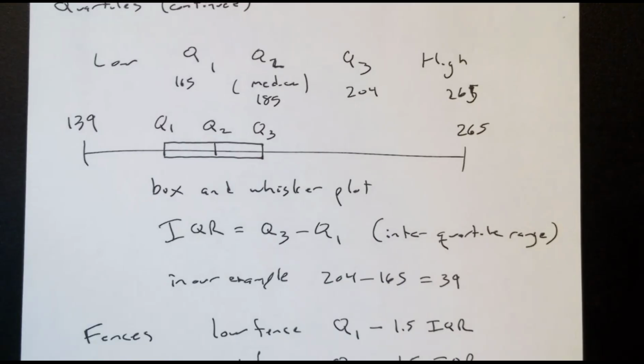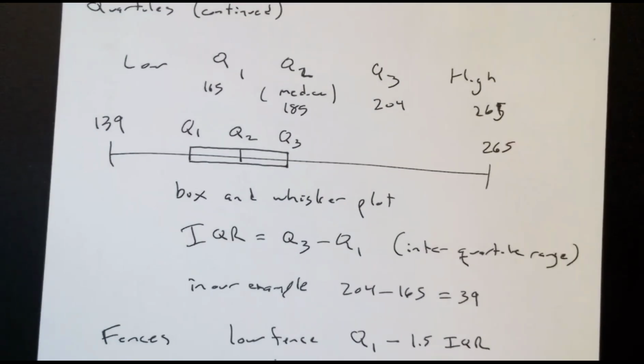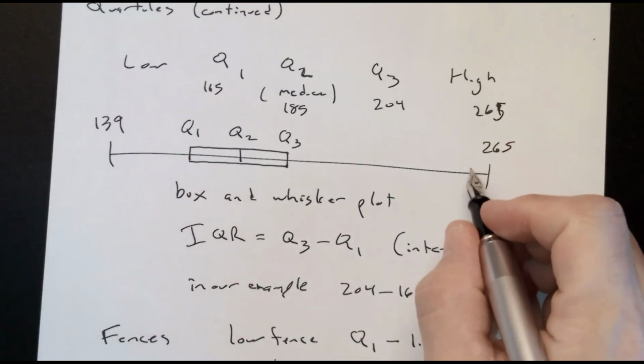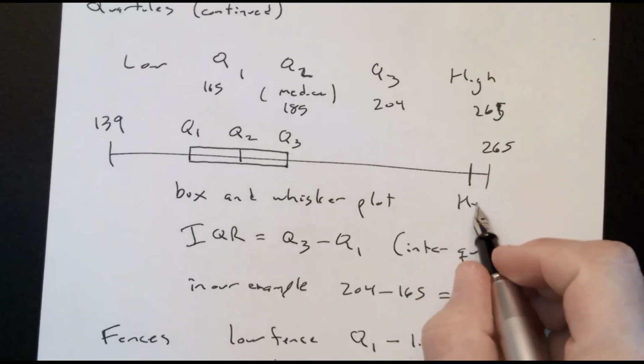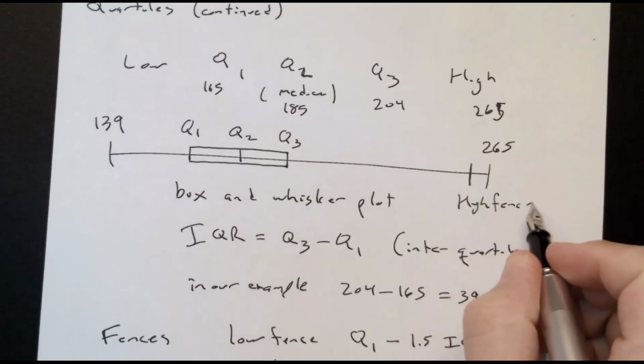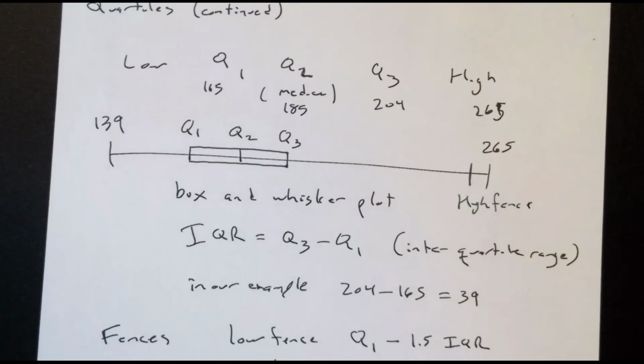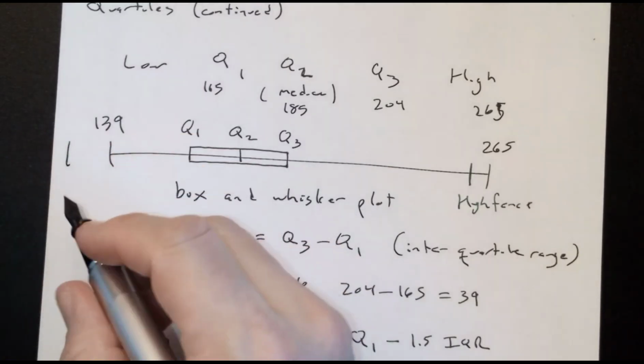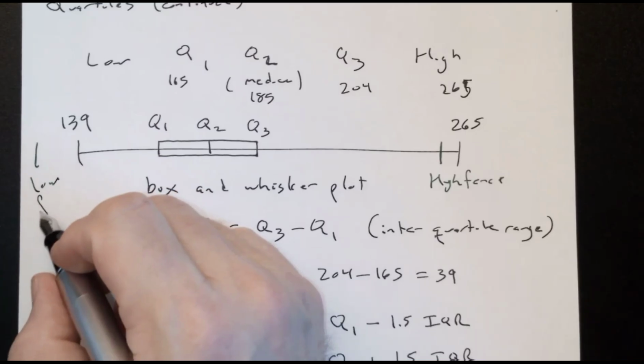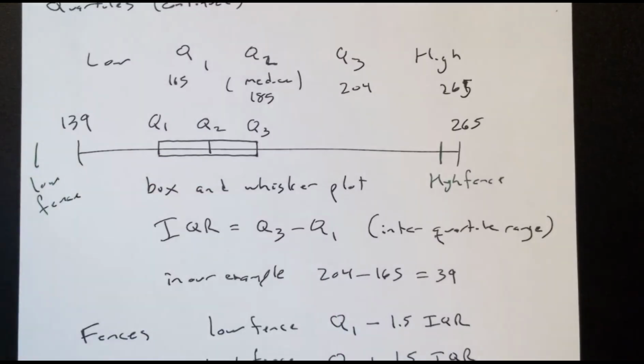So that means that this first high fence is going to be here. On the other hand, the low fence is way down here. So I do have, and this kind of matches my idea of the skew, right? I've got an outlier to the right. It should be skewed right.